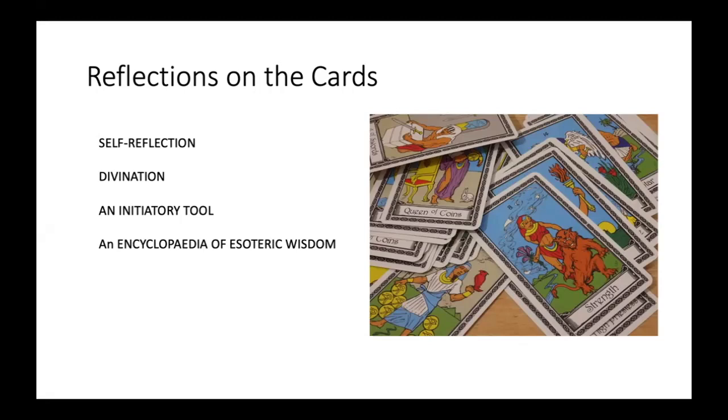And the Crowley deck in particular, which is the Lady Frieda Harris designs, could be called an encyclopedia of esoteric wisdom because the symbolism within the cards are reflective of many ideas in terms of alchemy, in terms of magic, in terms of what we know as esoteric or Gnostic laws. They are that way because both sets of cards were used within the spiritual or religious structures that these two gentlemen were part of.